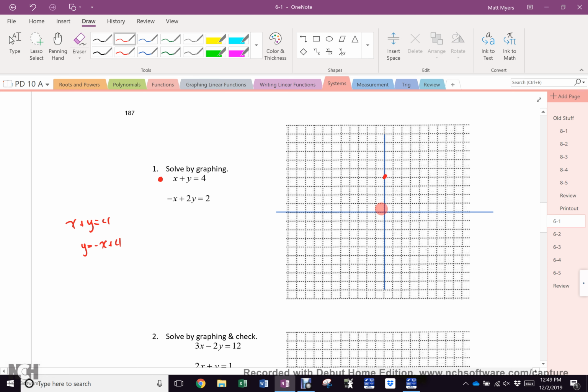So however far down I go, the same distance where? However far down I go, if I need a slope of negative 1, how far to the right or left do I go? 1. So if I go down 20, I'm only going over 1? No. I'll ask again.